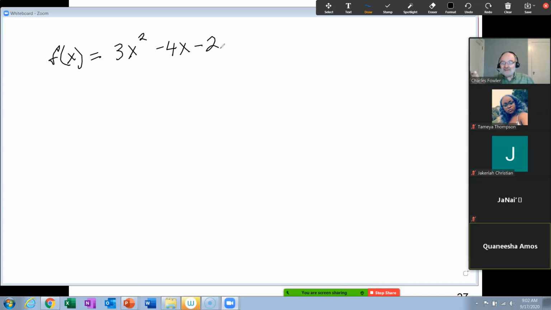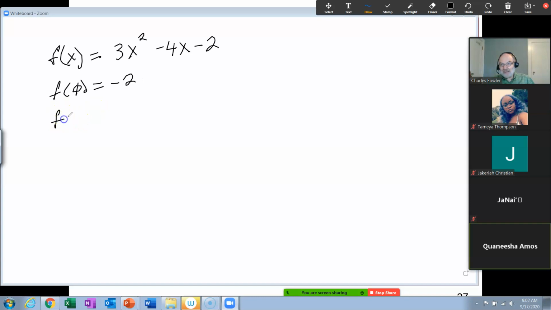Let's see if we can approximate or find out where there might be the minimum. So I'm going to just start picking some points. Let's say x equal, my favorite is 0. So let's do f of 0. The reason I picked it, it's so easy. That makes that 0, that makes that 0, that's going to be minus 2. Now that's a fairly low number. So let's pick another one.